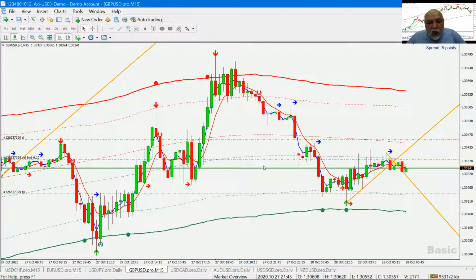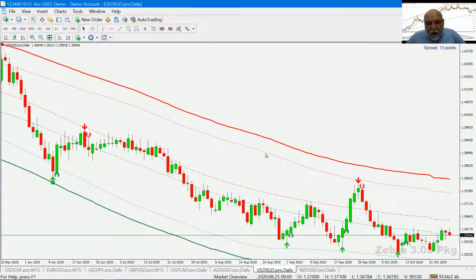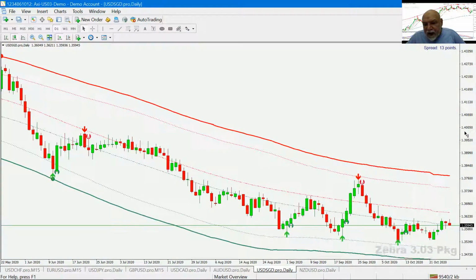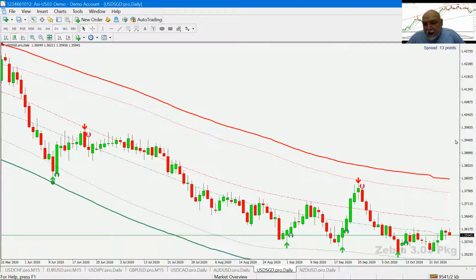Let's just quickly jump over to the US Singapore dollar and take a look at what's happening there. I've got everything set up. Trading in the middle of the channel, nothing really. Sometimes the Singapore dollar is really good. It follows the channel very well.